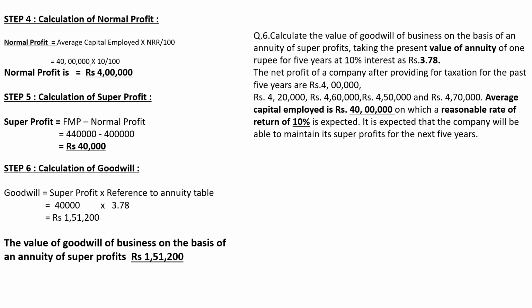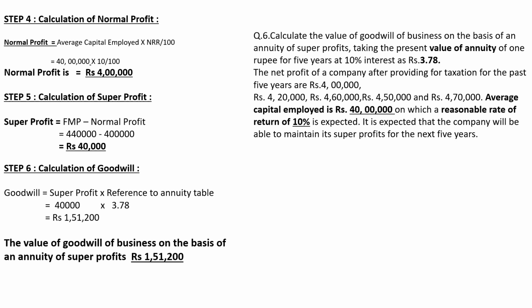The value of goodwill of the business on the basis of annuity of super profit method is rupees 1,51,200. Okay, so in this way, by using all the 6 steps, you are going to solve your problem sum of value of goodwill. Whenever you have to calculate value of goodwill, you have to remember all the 6 steps.